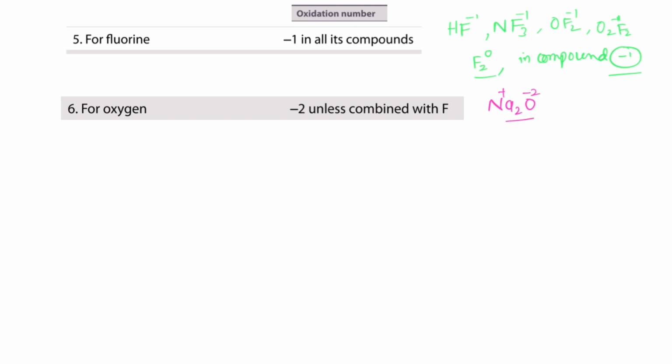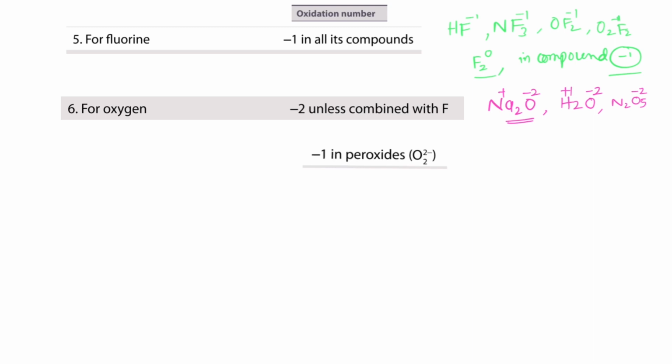Generally in oxides, oxygen shows the -2 oxidation state. Similarly, H2O, hydrogen we know is +1 with the non-metal, so oxygen is -2. Similarly, N2O5, in this also oxygen is -2. In oxides, it shows the -2 oxidation state.